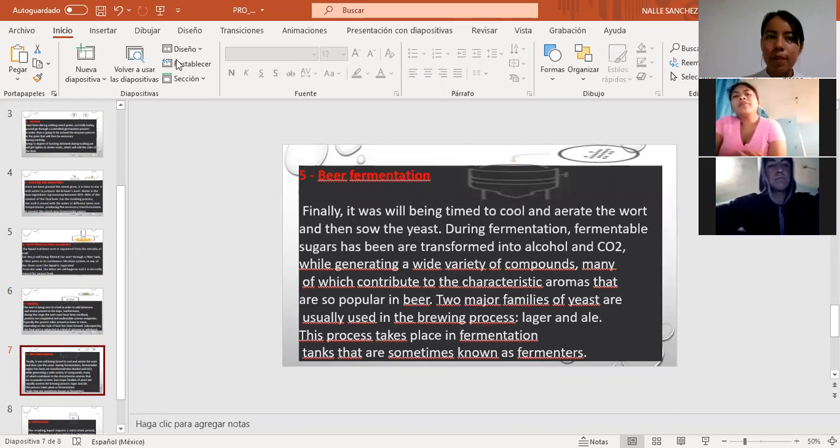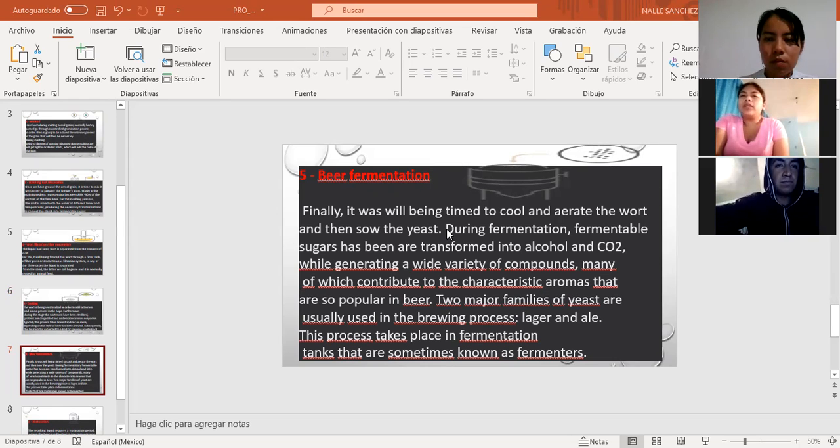Number 5. Beer fermentation. Finally, it will be cooled and aerated, with dissolved oxygen. During fermentation, fermentable sugars are transformed into alcohol and CO2 while generating a wide variety of compounds, many of which contribute to the characteristic aromas that are so popular in beer.